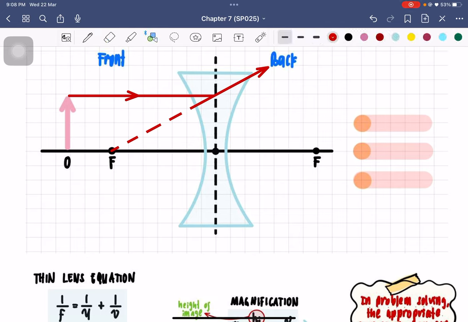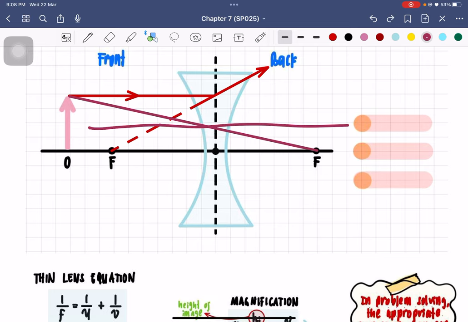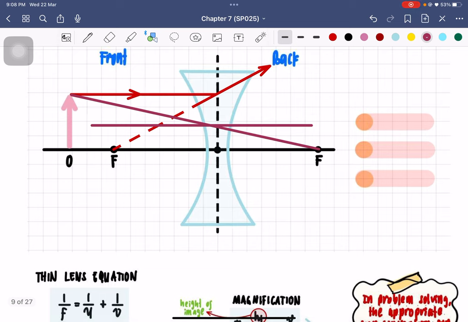And then second way that we are gonna draw is from OF. It's gonna be OF, and then from here I'm just gonna use a different color. So OF, and then at here it is refracted back to this point here.